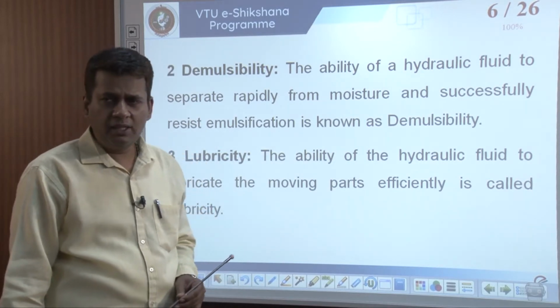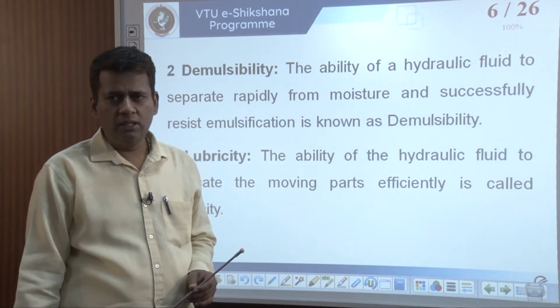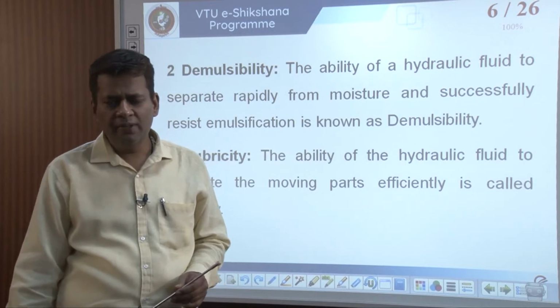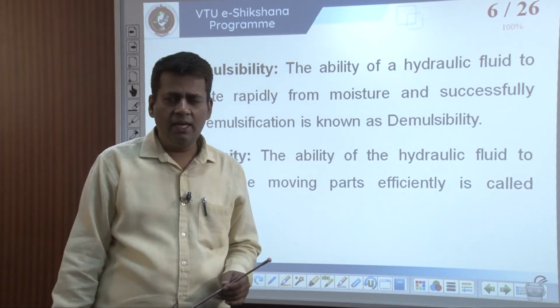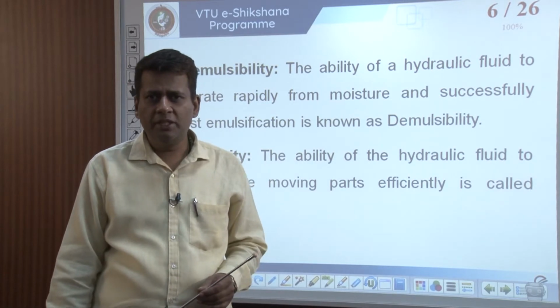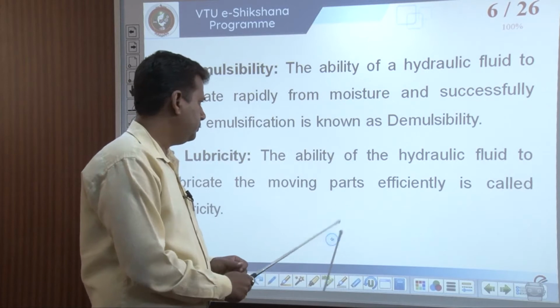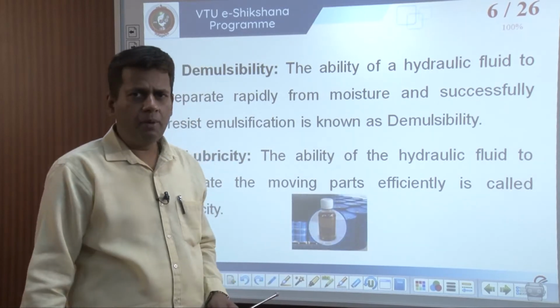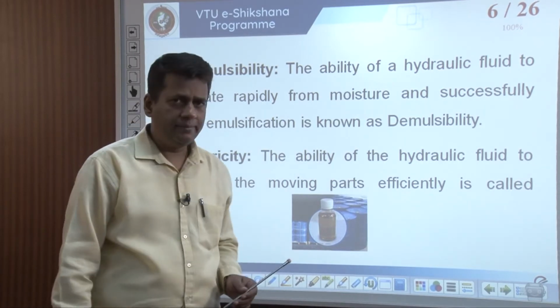Lubrication is associated with lubricants, whereas lubricity is associated with hydraulic fluids. Lubricity is generic in nature, whereas lubrication is specific in nature. Very important properties, these two, demulsibility and lubricity.